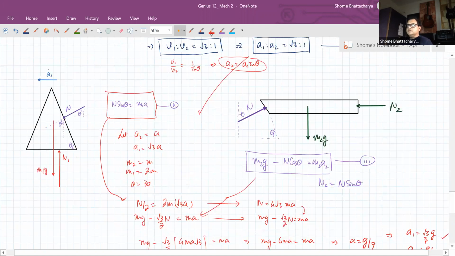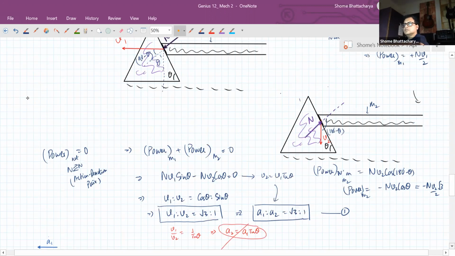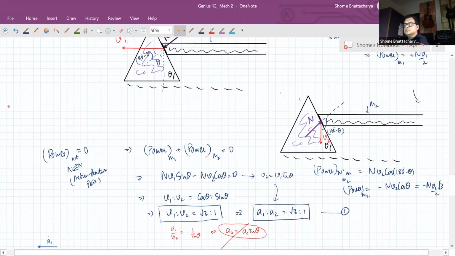You can also get this geometrically. You can understand it this way: if this was the situation initially, now after some time, this has gone here, and this is moved here.